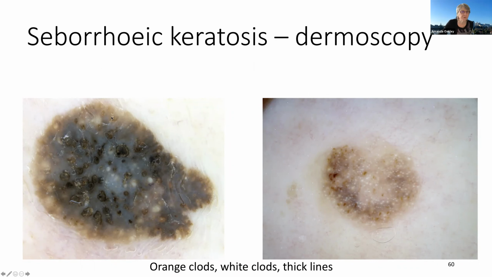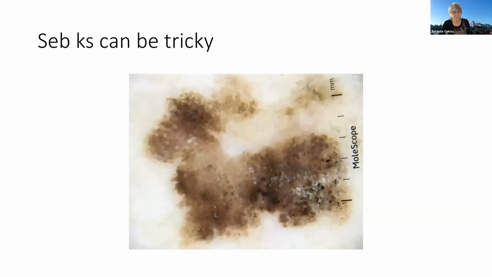We also see orange ones, which are more superficial and represent keratin in the crevices. They're irregularly distributed and may have funny shapes. The one on the right has numerous small white clods. They can be quite difficult to distinguish from melanomas at times, and this I consider my puppy dog.